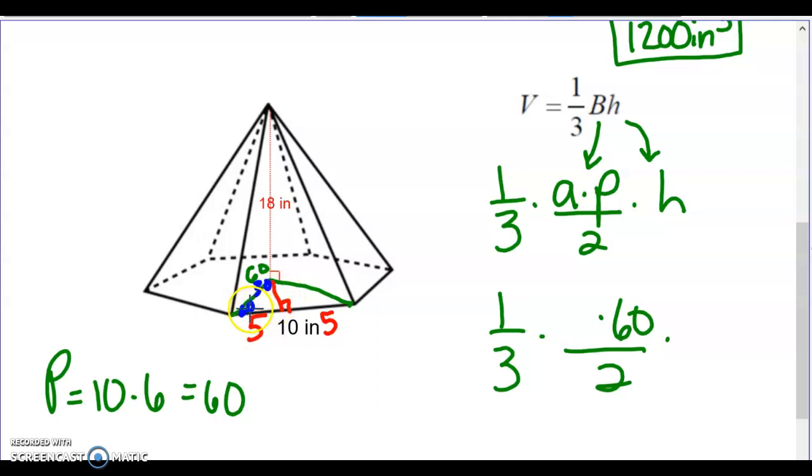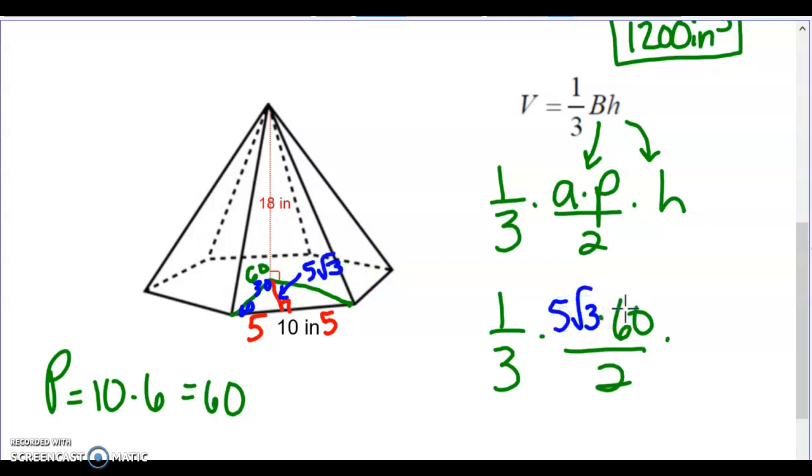So the apothem is going to be across from the 60-degree angle. If the 5 is across from the 30, our apothem then would be 5 square root 3. So again, using our stuff from chapter 9, it's not going away.